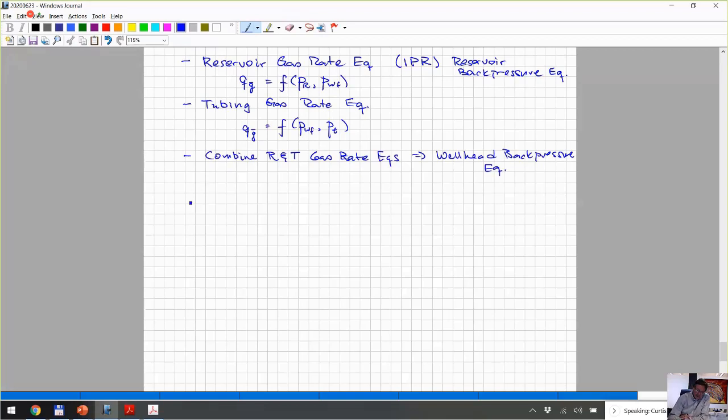And then we'll look at the gas material balance. Very, very briefly, just the simple straight line using so-called P over Z versus cumulative gas production.